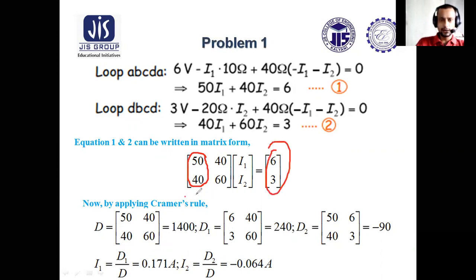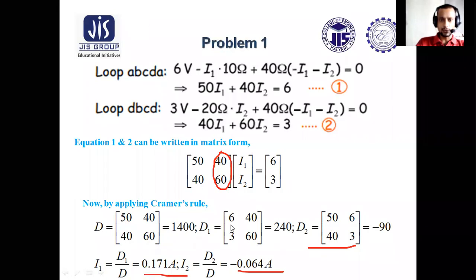So in this determinant D, if we substitute this by 6 and 3, we'll get D1. 50 and 40 is replaced by the right side of the matrix equation, that is 6 and 3, which will give us this. And to get D2, this part should be replaced by 6 and 3. So finally we'll get these two currents, I1 and I2.